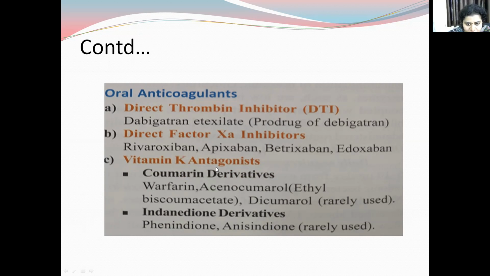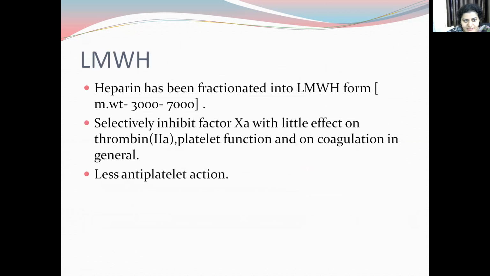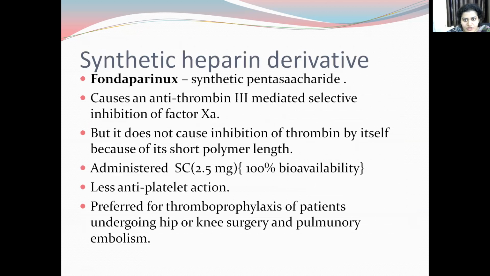Then vitamin K antagonists, which are again subdivided into two types: coumarin derivatives, which include warfarin, acenocoumarol, and dicumarol, and indanedione derivatives, which include phenindione and anisindione. This was over last class till low molecular weight heparin.